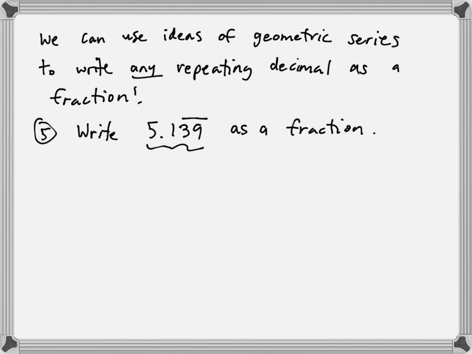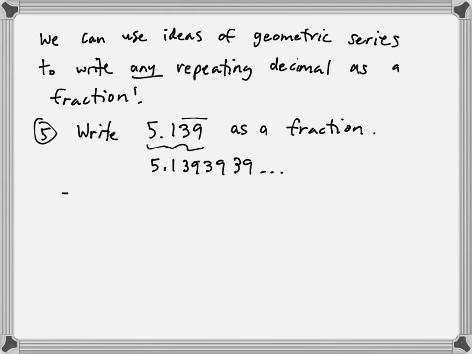So remember, this is really 5.1393939, and that pattern repeats forever. Okay, so how would we begin a problem like this? Well, the trick is to write it this way.